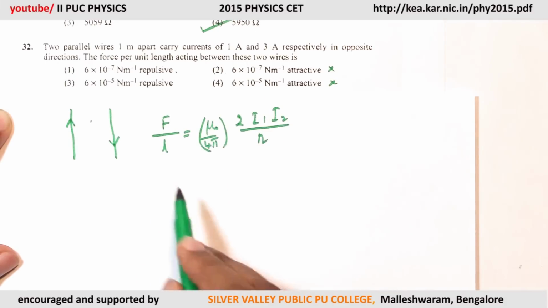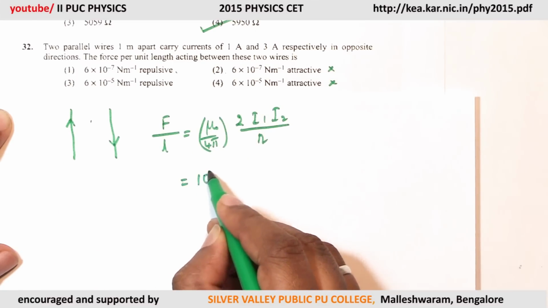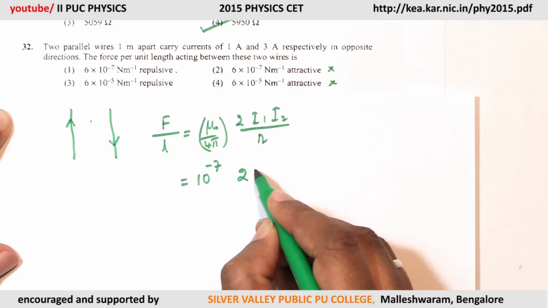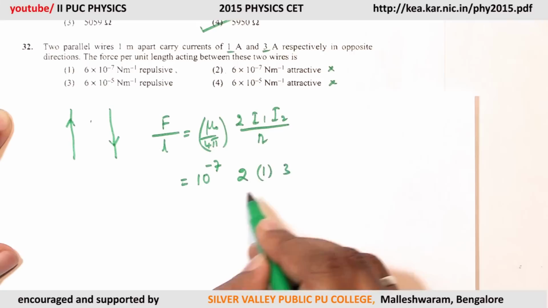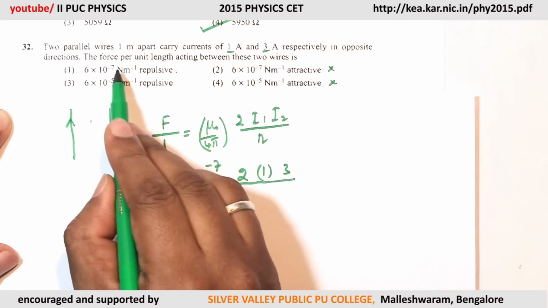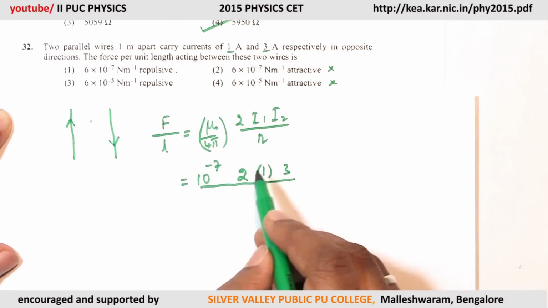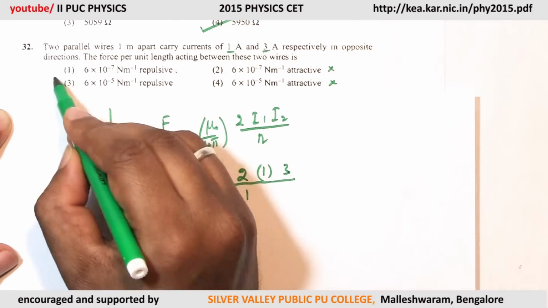If it is magnetic field related, always mu naught by 4 pi, which is 10 power minus 7, 2. Two currents are 1 and 3, 1 into 3 by R. Distance between the conductors is 1 meter. 1. 3 to 6, 10 power minus 7.